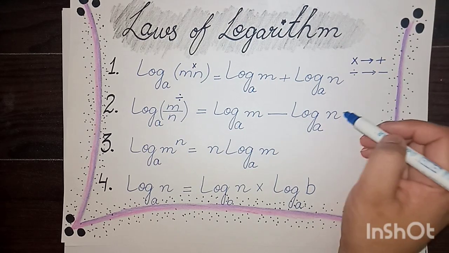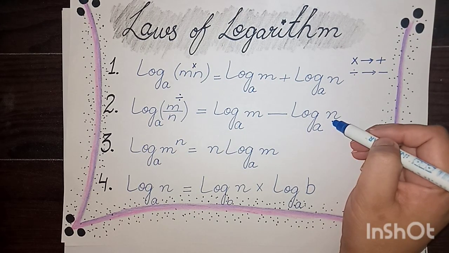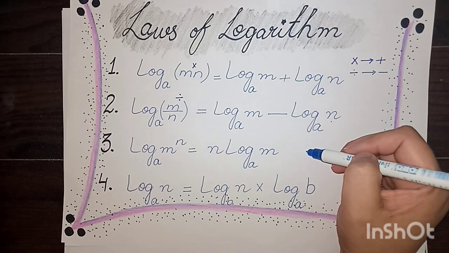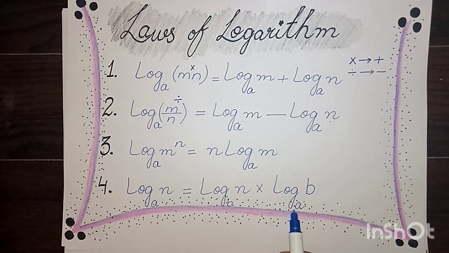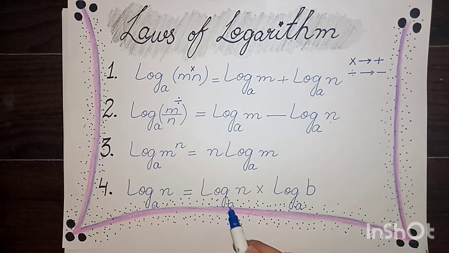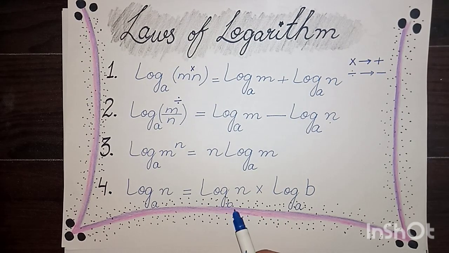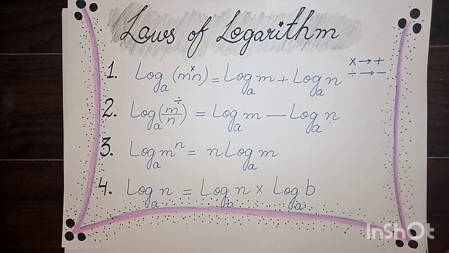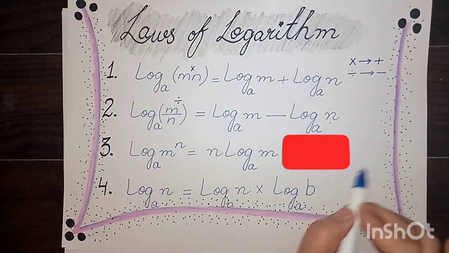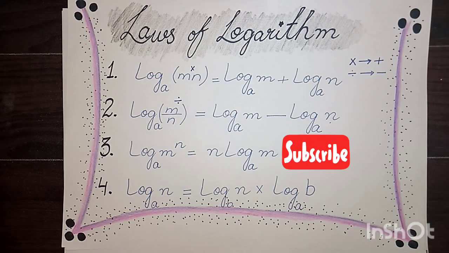These first two laws are the sum and the difference of the logarithm. This is called the power rule, and this rule is called the change of base formula. Change of base formula means in this law we have any variable and we change the values, and then after this we will solve. So these are four laws of logarithms. Now we will discuss its questions.